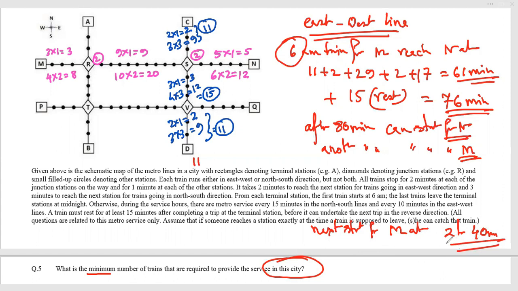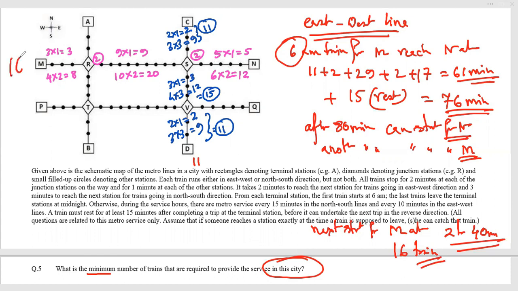So if it happens, how many trains are required up to 2 hours 40 minutes? Every hour it is 6. So basically 6 plus 6, 12, 12 plus another 4, 16. 16 trains required, because in one line of east to west.